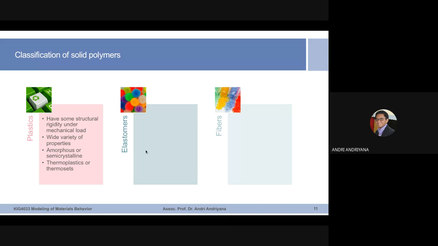You can have plastic which is relatively ductile, which means you can stretch it to large strain before it fractures, for instance polyethylene. Or you can have a relatively stiff polymer, which means you cannot draw it to a large amount of strain before fracture, polycarbonate for instance. So you can have a wide variety of properties when you deal with plastics.